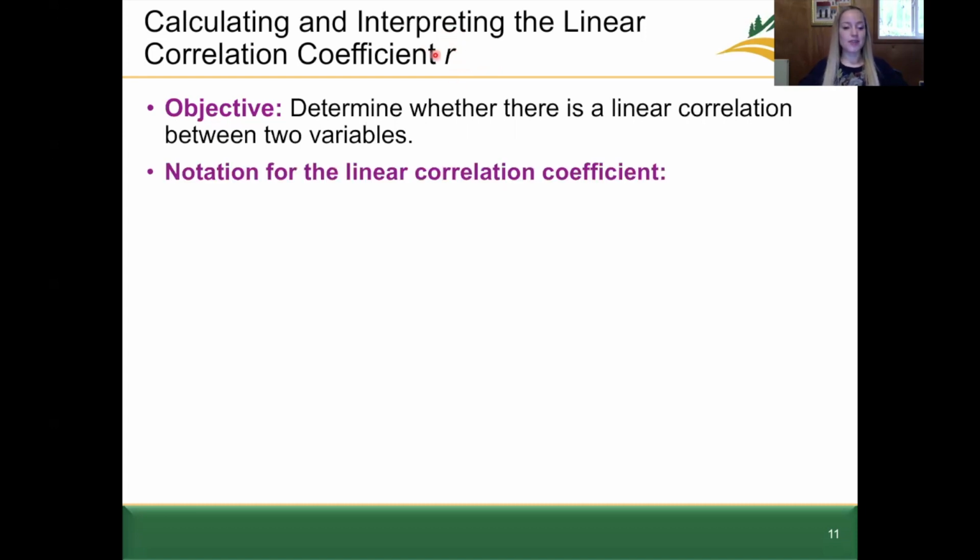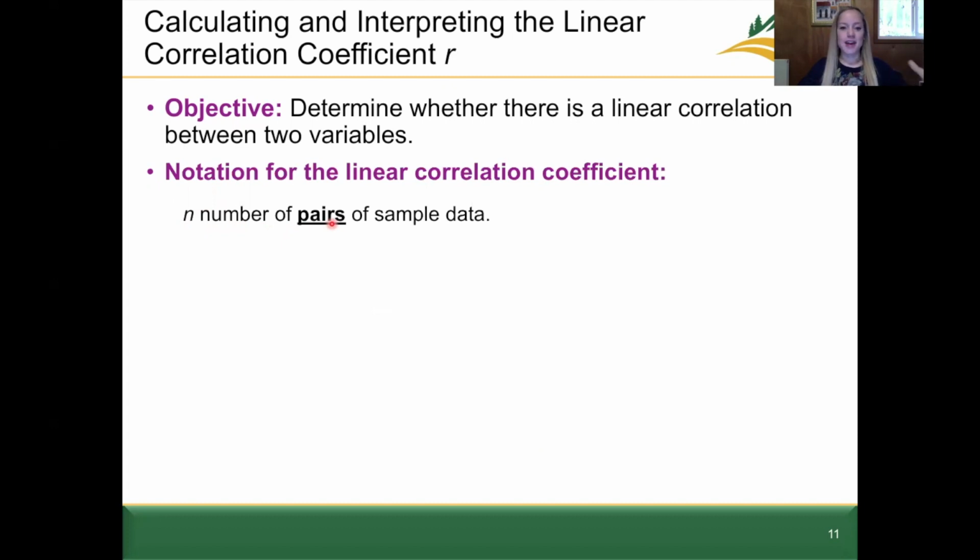Now there's some slightly new notation to learn for calculating R, so let's go through that now. N that we're used to seeing for the number of samples, importantly N is a little bit different here. So rather than N being each individual sample data, N here is the number of pairs of sample data.